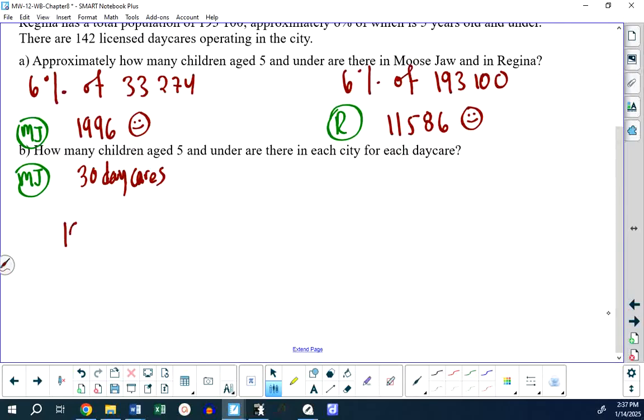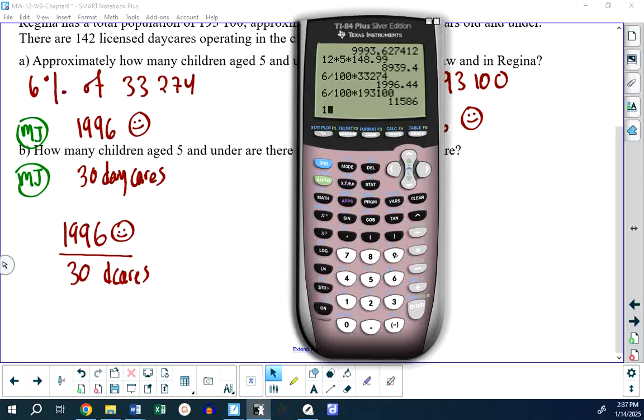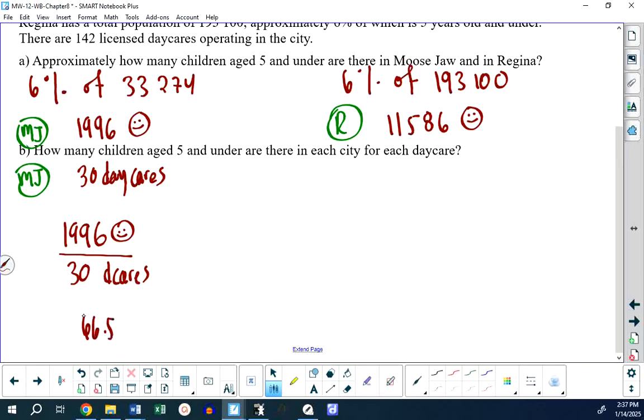So that would be 1,996 kids over 30 daycares. So about, is that right? You get the same number? That's a pretty big number, isn't it?